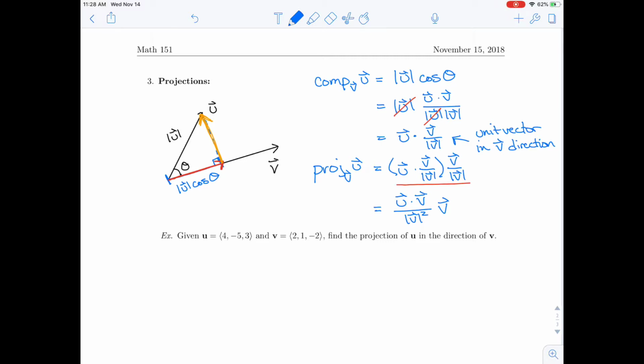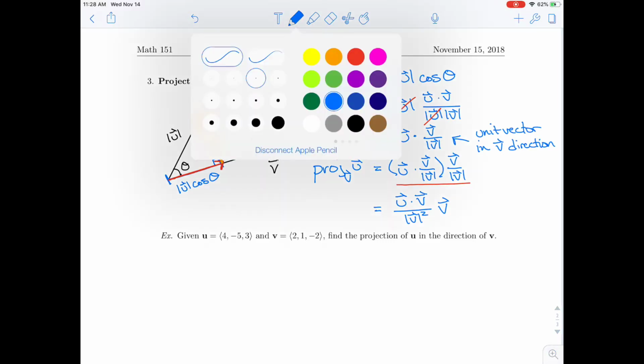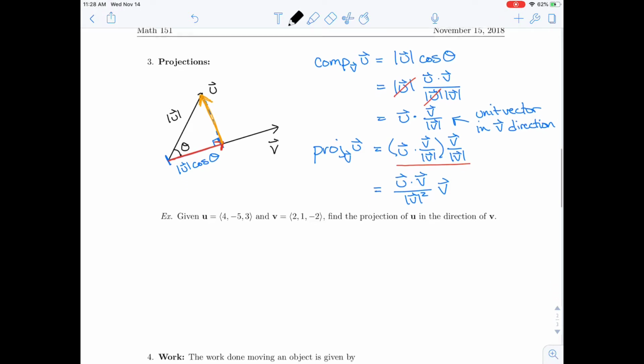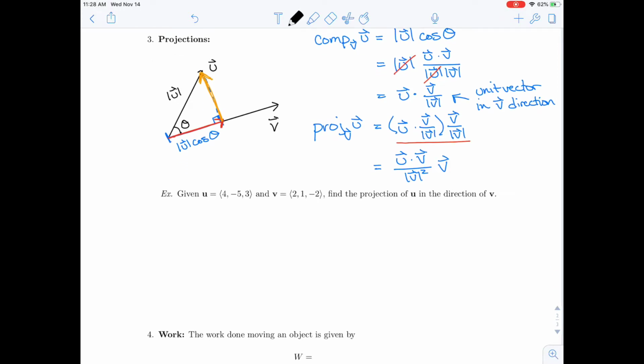So let's proceed with an example finding the projection of u in the direction of v. So I'm given two vectors, u equals 4, negative 5, 3, and v equals 2, 1, negative 2. I want to find u in the direction of v. So I'm going to start by trying to figure out, well, what is the direction of v? So what first is the length of v?